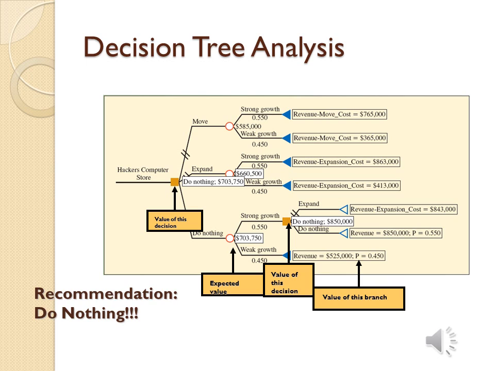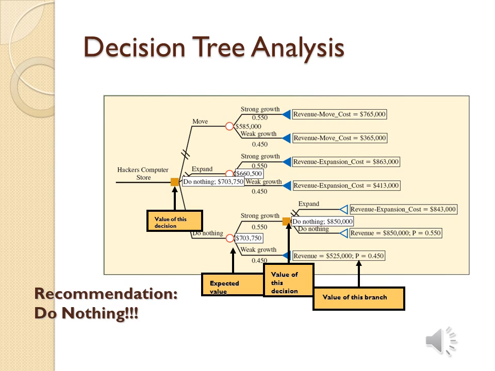The expected value of expanding is found by multiplying 0.55 times 863,000 plus 0.45 times 413,000, and that gives us a total value of 660,500.